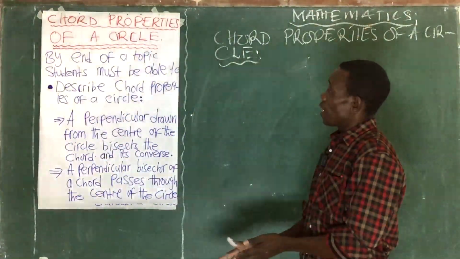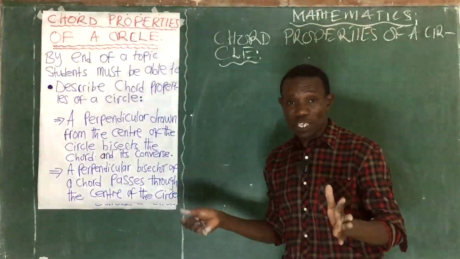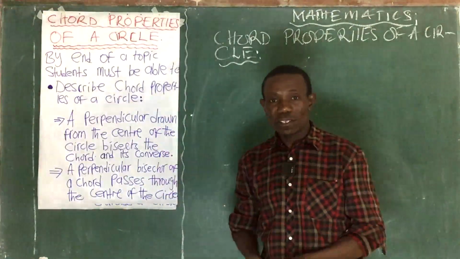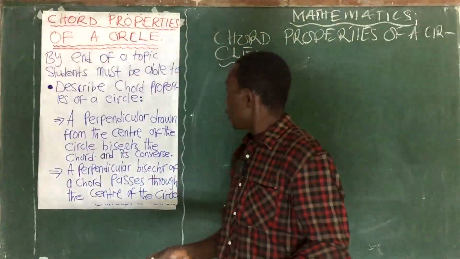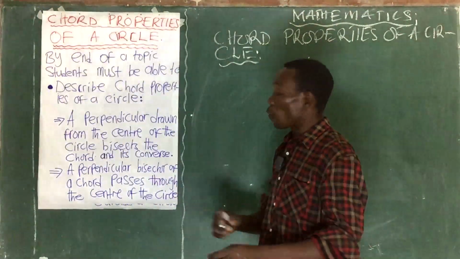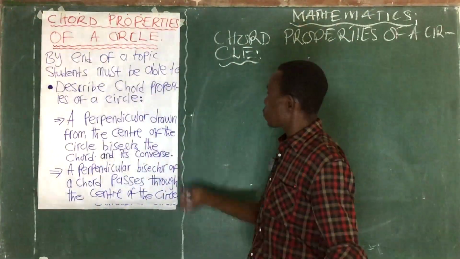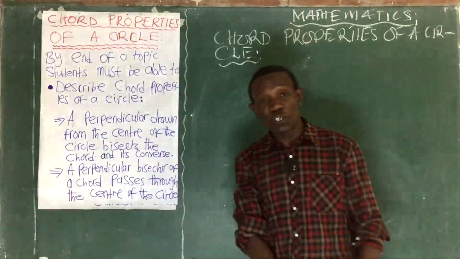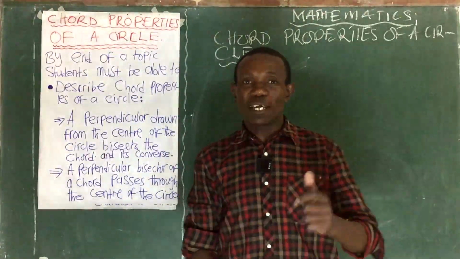By the end of the topic, you as students, youngsters and adult learners, need to be able to describe the chord properties of the circle. Last time it was the angle properties.